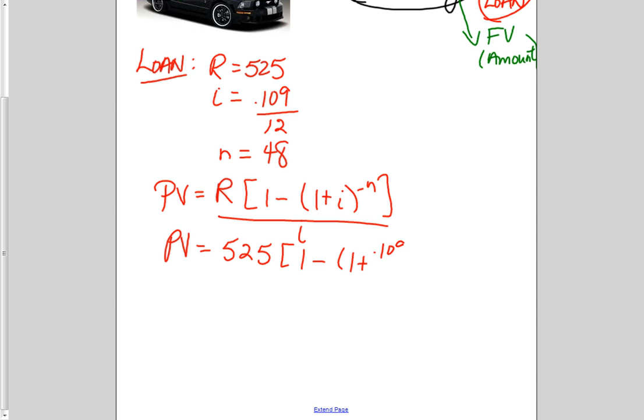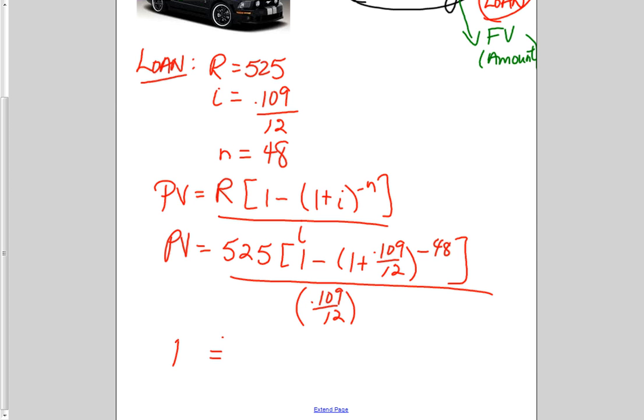Adjusting the interest rate for monthly. And I on the bottom as well. There we are. The loan that he can get, when we type that in very carefully, is a $20,351.21 loan. He also has $4,500 that he can use towards it.